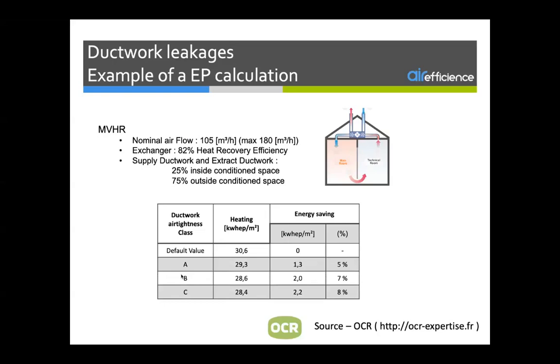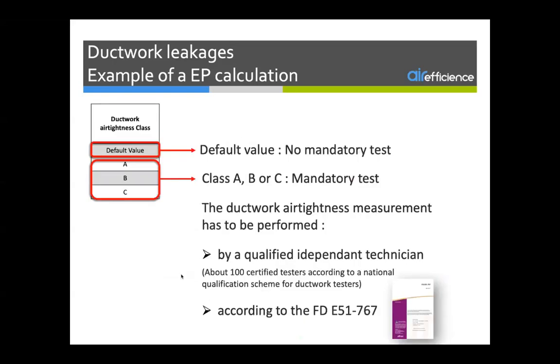That is absolutely not a sensitivity study of airtightness class impact on EP calculation. Just to see that if you have default value, there's no mandatory test, but the performance will be less efficient.